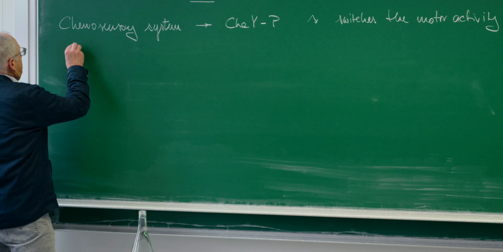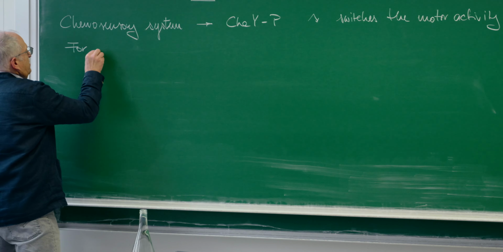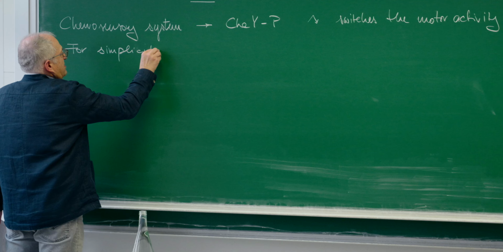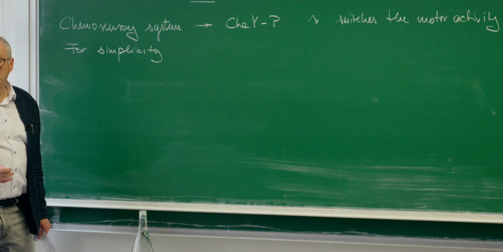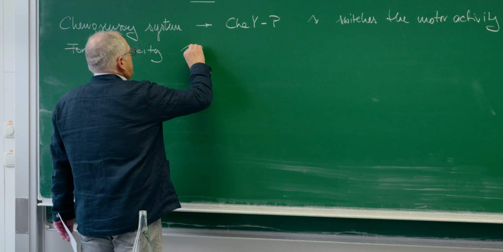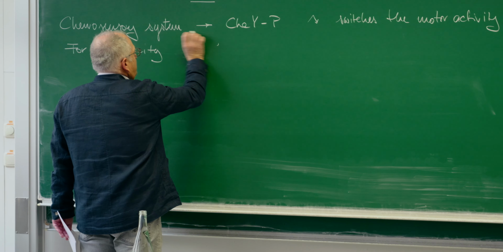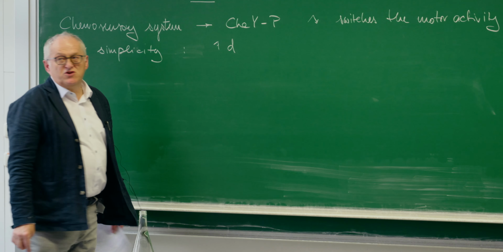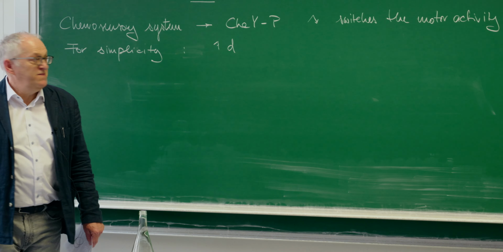And for simplicity, and that's really just for simplicity, because you will see that this already gives you the major insights into the behavior. For simplicity, we will assume that the motion that we have is just one-dimensional motion.